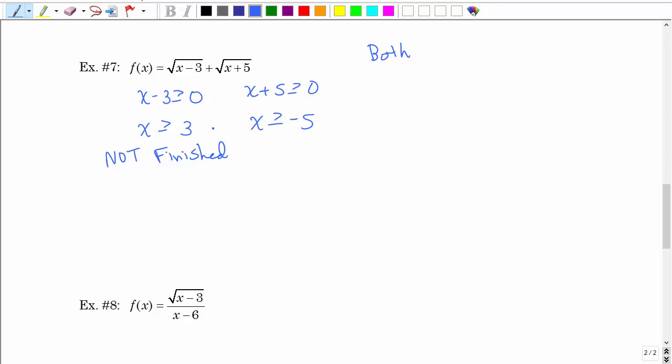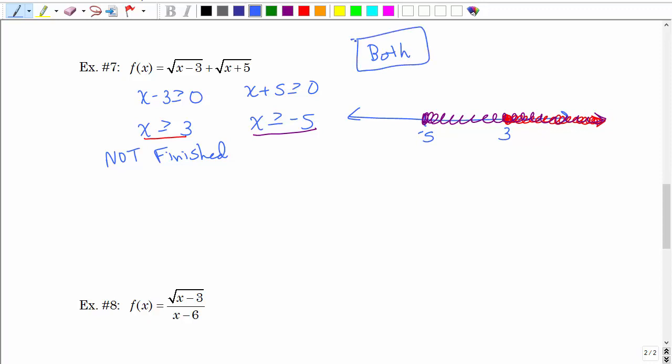You have to combine those, and I think the easiest way is to look at a number line. So we have negative 5, positive 3. For x greater than or equal to 3 are all of these numbers. For x greater than or equal to negative 5 are all of these numbers. Go back to, you have to have both true.